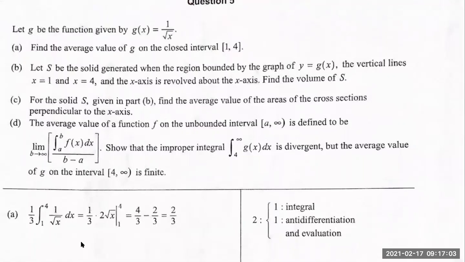2 points awarded: one for the integral itself, the setup of the integral, which I would think is the first part, 1 point. Then the anti-differentiation would be this part, and then the evaluation would be the 2/3.